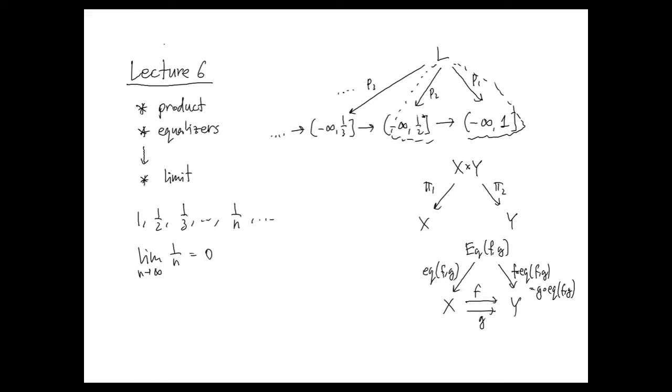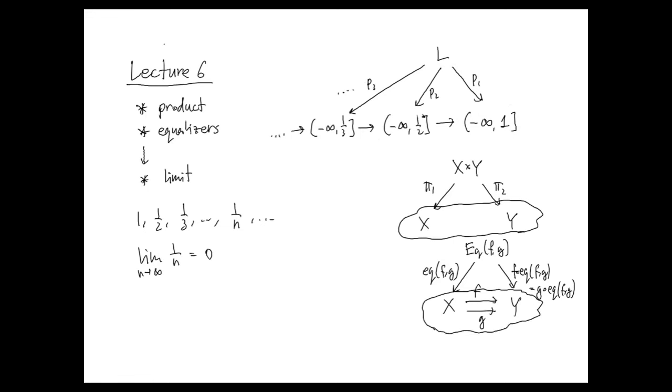That's something we didn't have the need for in the case of a product, because in the case of a product, our diagram was such that there were no arrows initially given to us. But here, in the case of an equalizer, we had some arrows.